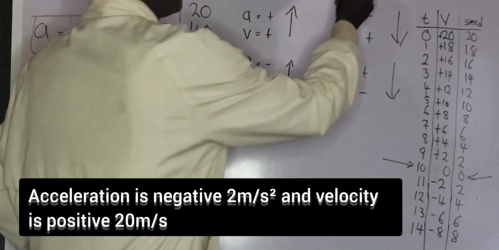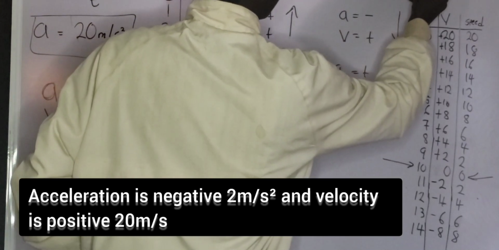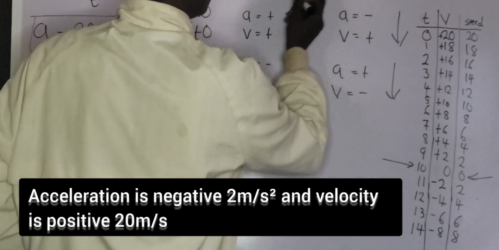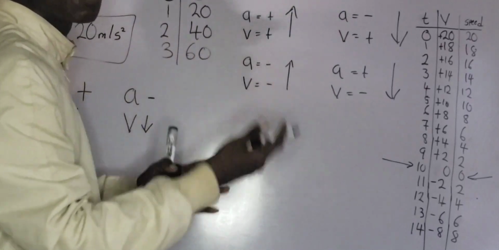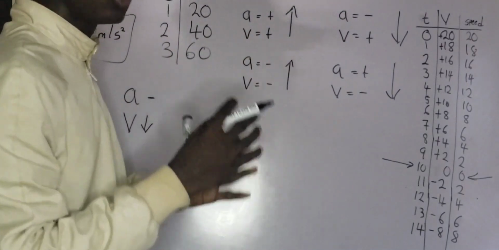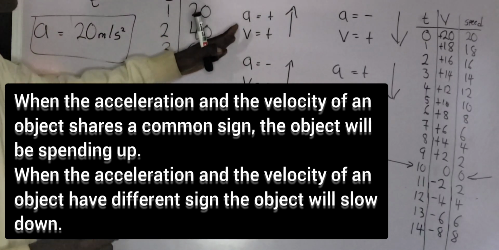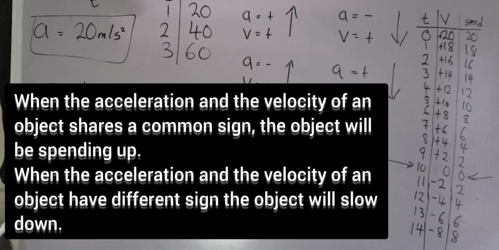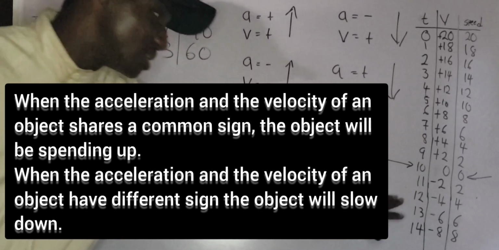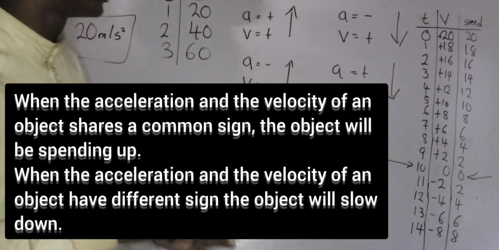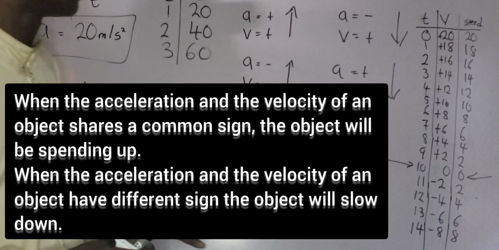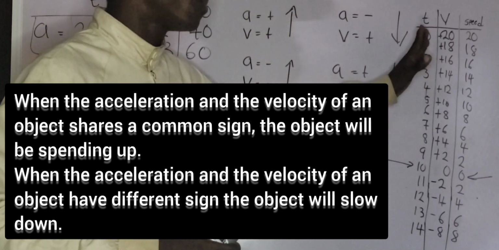So if the object was moving like this before, it begins to move like this, but at an increasing speed. So that is it. When the acceleration and the velocity share a common sign, the object will be speeding up, as you can see. But when they share different signs, the speed will be decreasing.